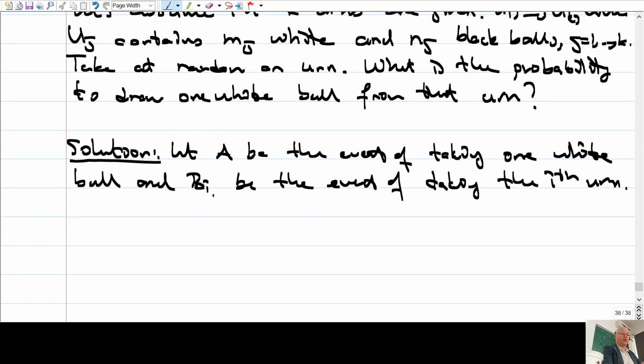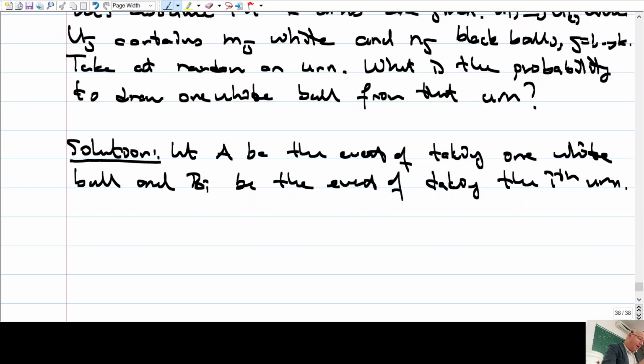And taking a white ball from that urn is A.